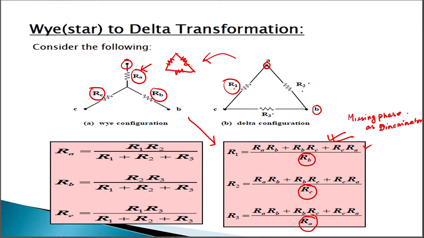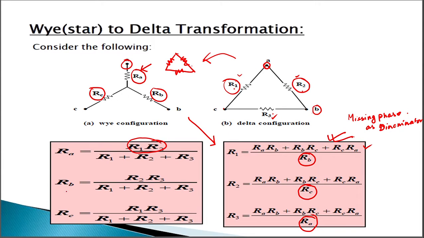So R1 and R2. So here you can see that RA has the numerator of R1 and R2, right? And the denominator is the summation of all the resistances R1, R2 and R3, right?